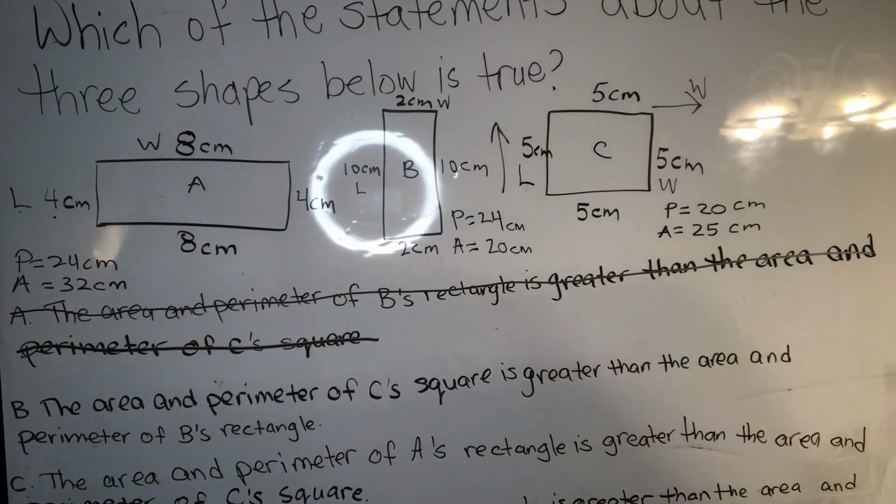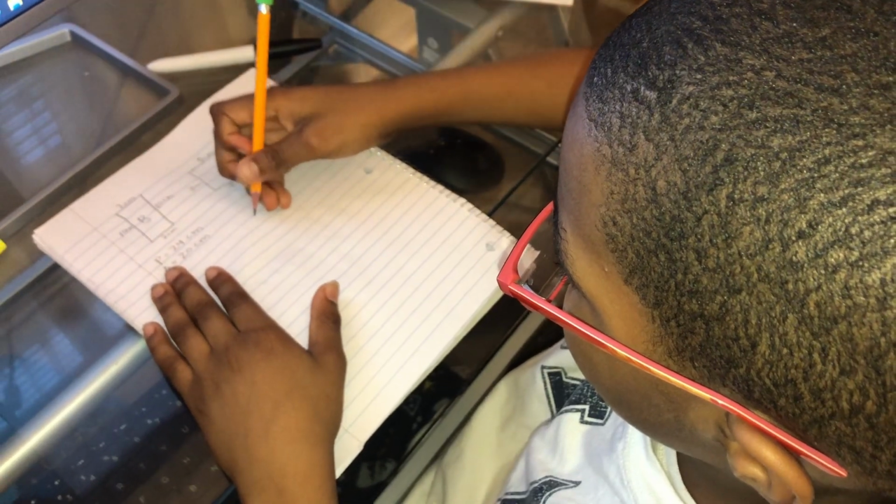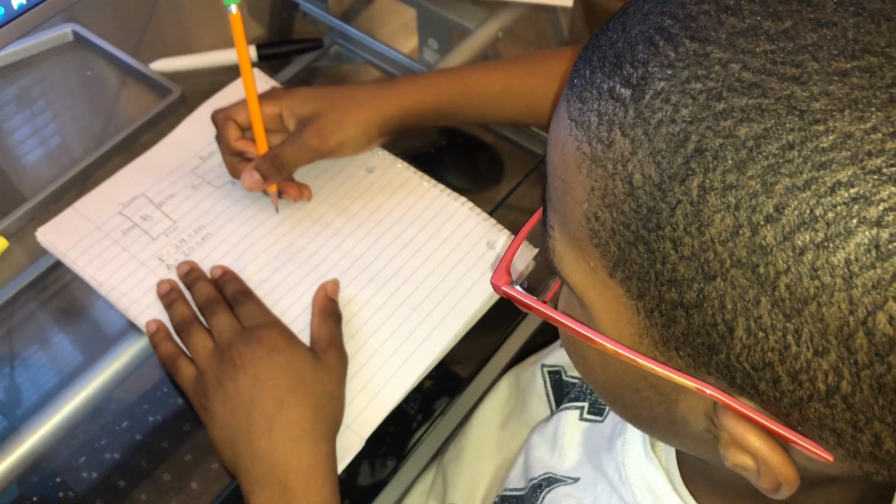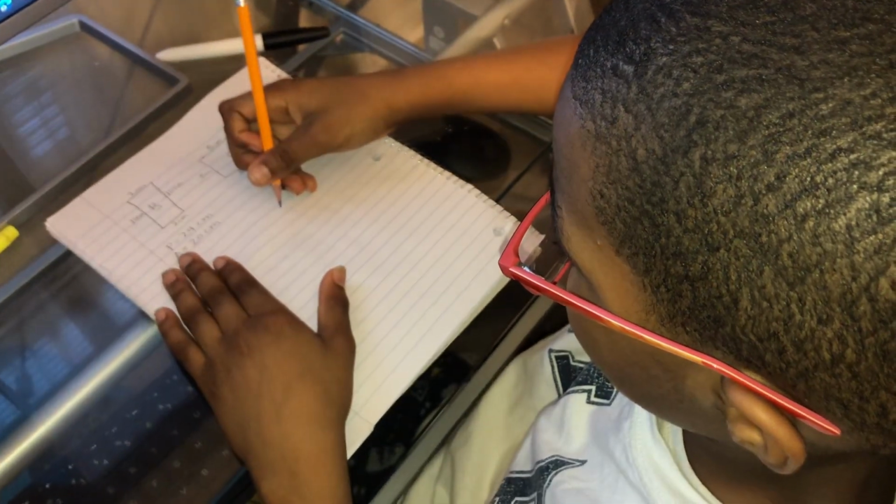All right, so like we said, choice A is incorrect. So now we're going to move on to choice B. The area and perimeter of C's square is greater than the area and perimeter of B's rectangle. All right, so in order to answer the question, we must remember what our area and perimeter was of each shape.